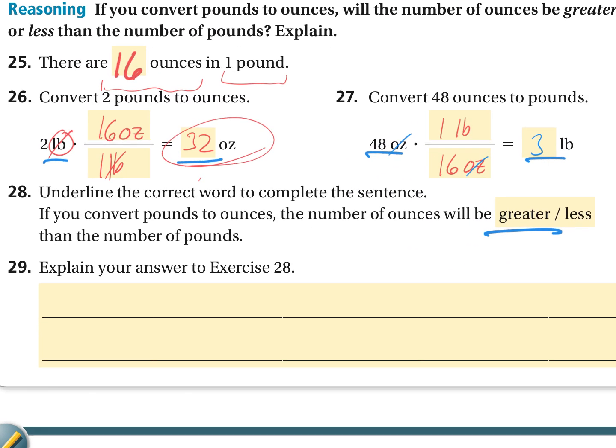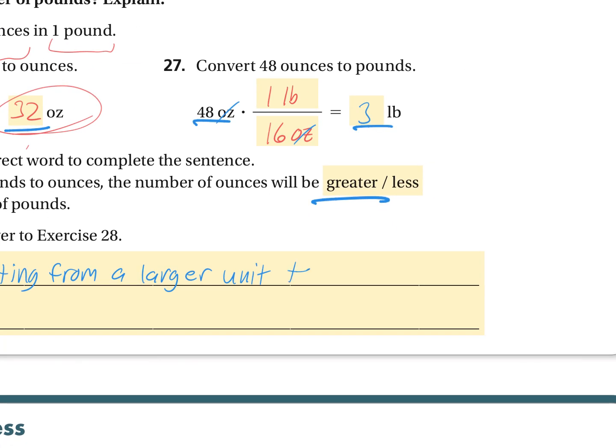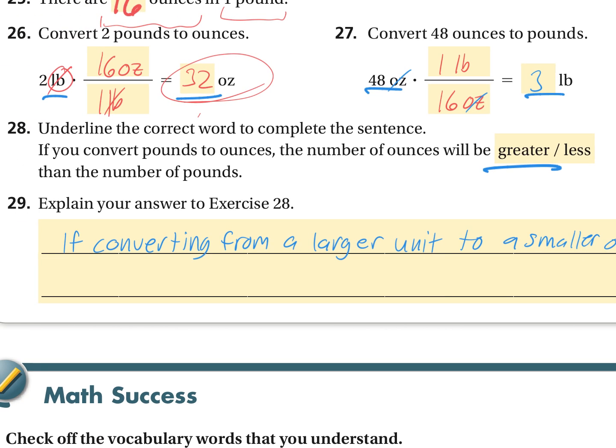But you could say something like, if converting from a larger unit to a smaller one, you have more of a smaller unit.